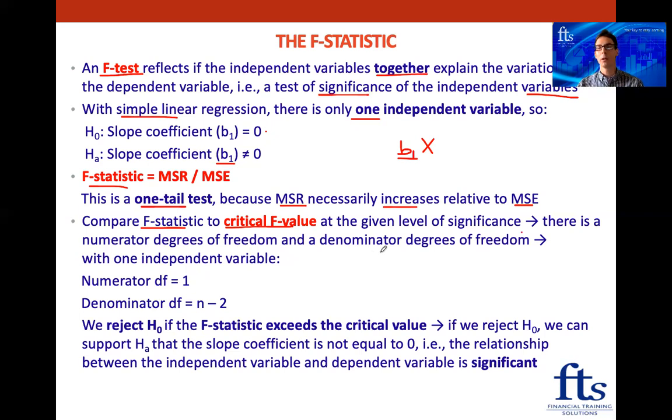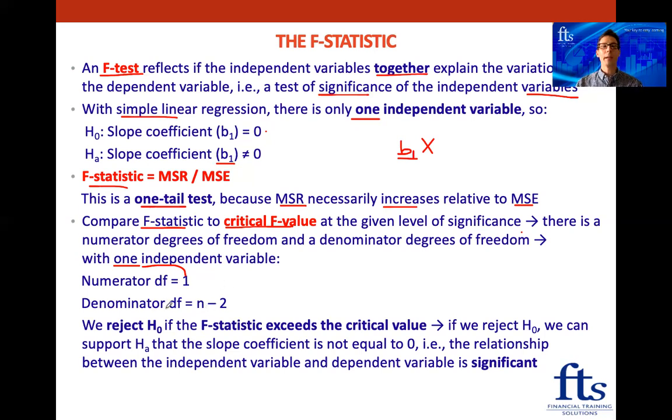We will see an example on the next slide. Now, if we've got one independent variable like we do with simple linear regression, then our numerator degrees of freedom is only going to be 1. Okay, if we had, say, 3 independent variables, then our numerator degrees of freedom would be 3. But we only ever have 1 at level 1.